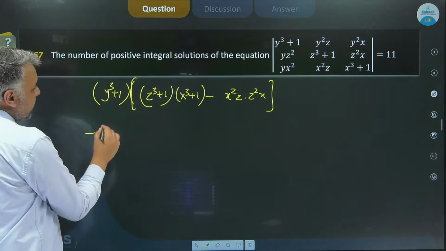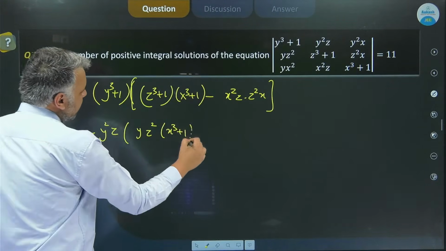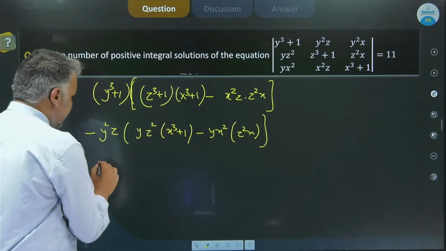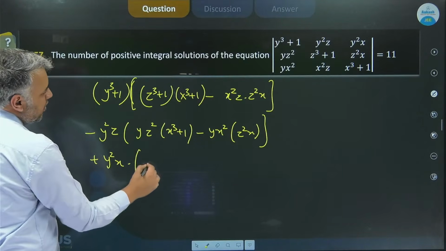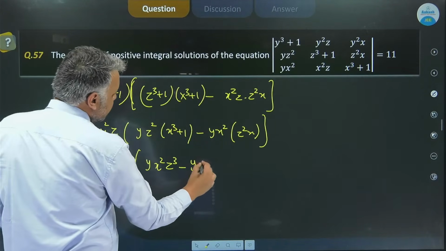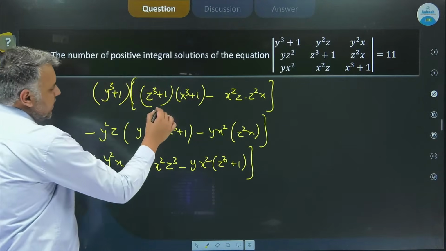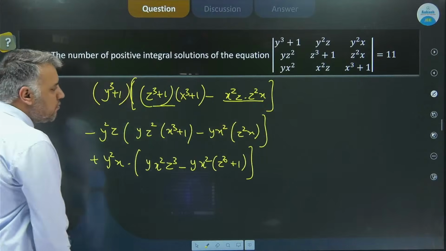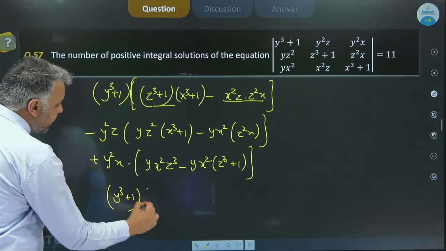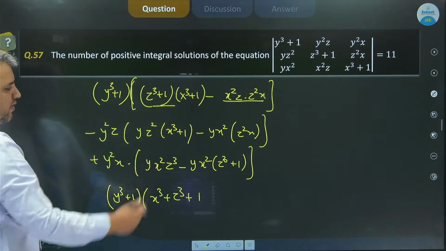Similarly, minus y square z into y z square into x cube plus 1 minus y x square into z square x plus y square x into y x square z cube minus y x square into z cube plus 1. So here if you see, this is x cube z cube. The x cube z cube will be cancelled out. So y cube plus 1 is multiplied by actually x cube plus z cube plus 1, because x cube z cube will be cancelled out.